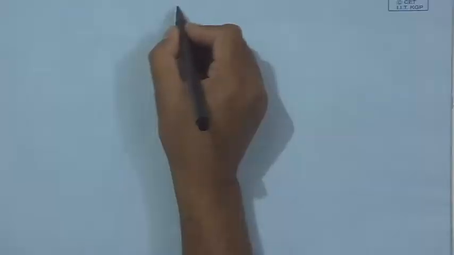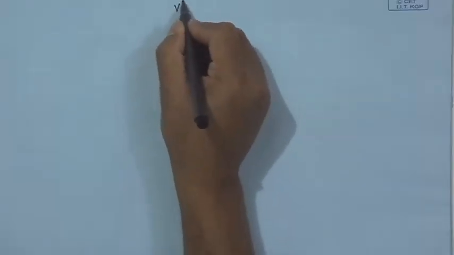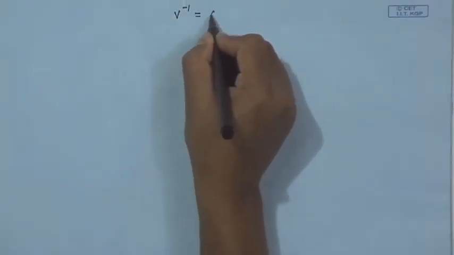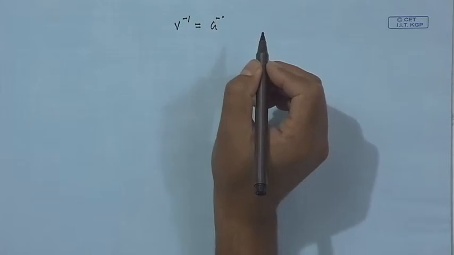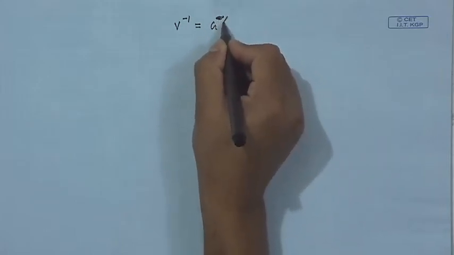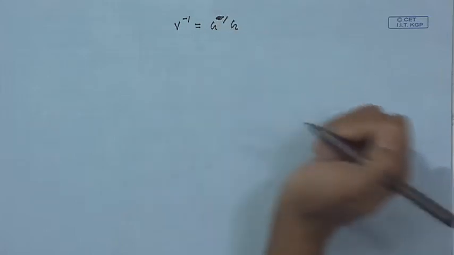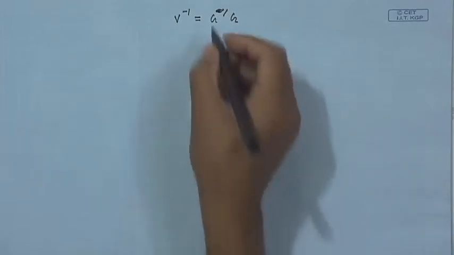Well, so we have to choose G such that V inverse is equal to G prime G. Okay.